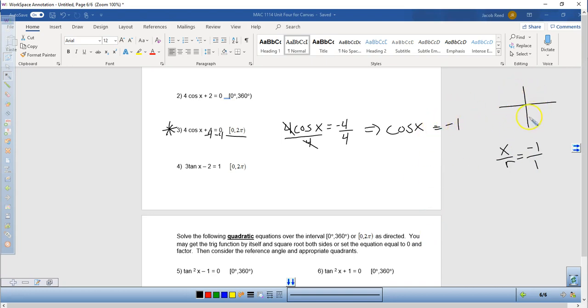Where is the only quadrantal angle that gives me a negative 1 value for x? And that is right here at the point negative 1, 0. There's my x, there's my y, and r is always 1. So this angle, 180 degrees, or since we're talking in terms of pi, x has to be pi.